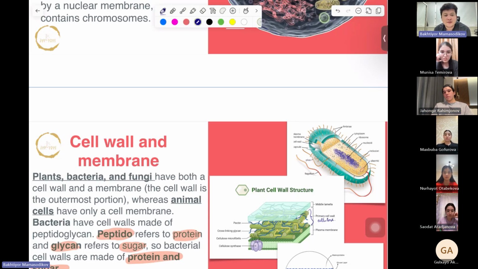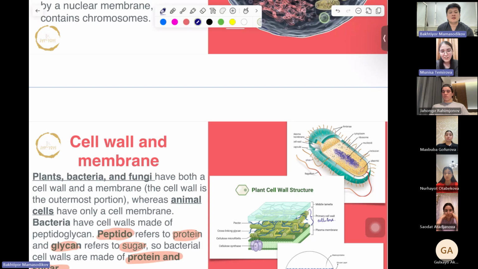Cell wall of plants is called, Jahangir, what? Chitin? Cell wall of plants. Cellulose. This is cellulose. Cell wall of bacteria, Munisa. Peptidoglycan.